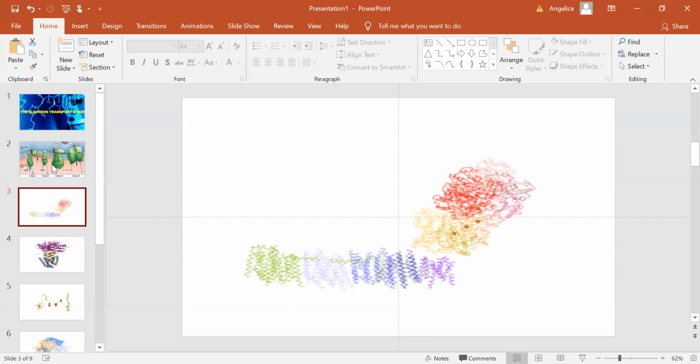Complex 1 is the largest of the mitochondrial electron transport complexes, 900 kD in size with 46 distinct polypeptide chains. A simpler bacterial version is shown in the figure at left.